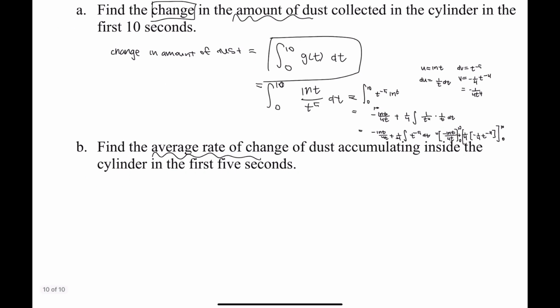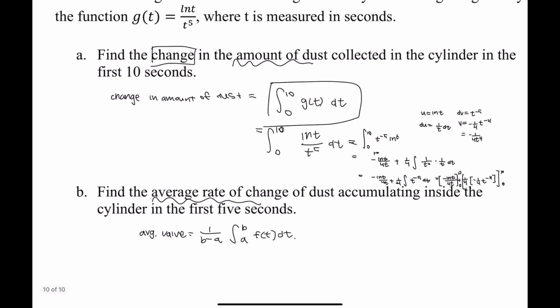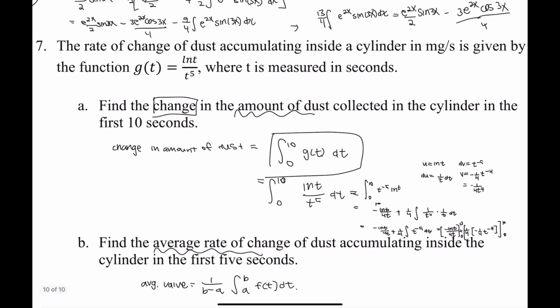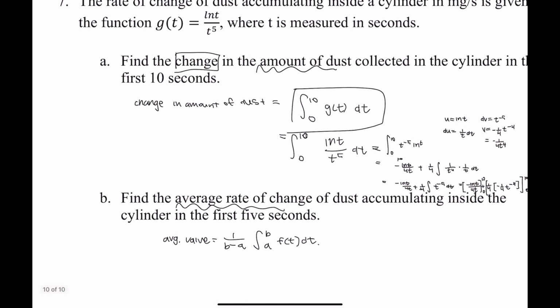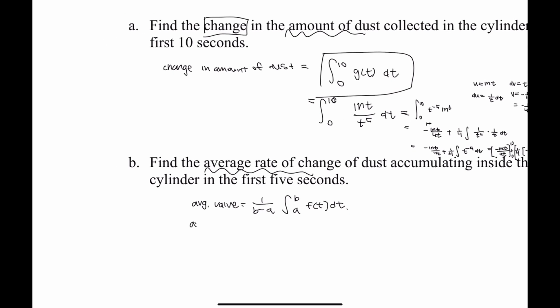The average value formula is given by 1 over b minus a, times the integral from a to b of a function f of t dt. The function we're given is g of t, which represents the rate of change. So to get the average rate of change, that is our value.